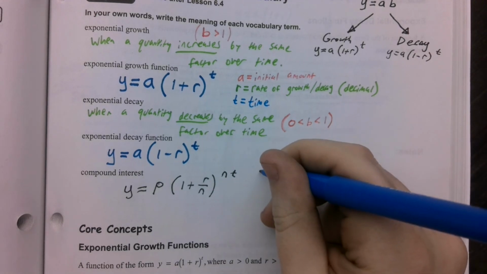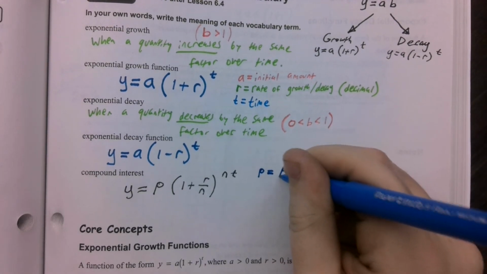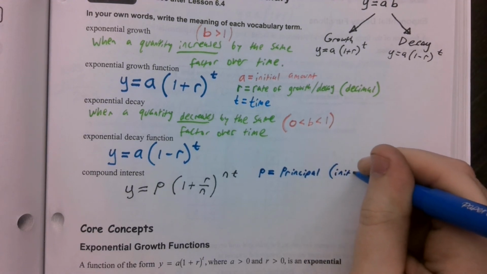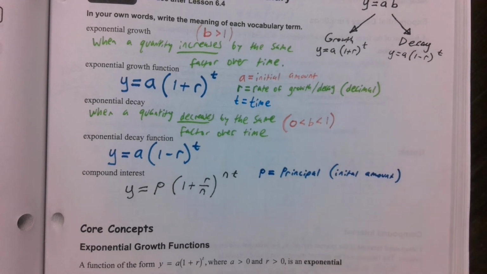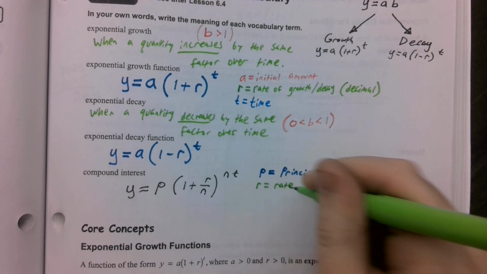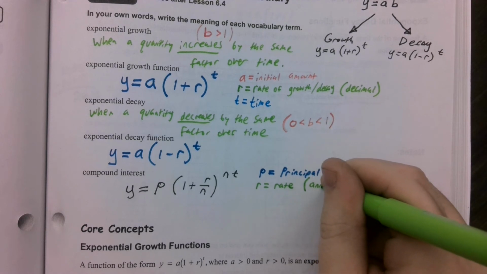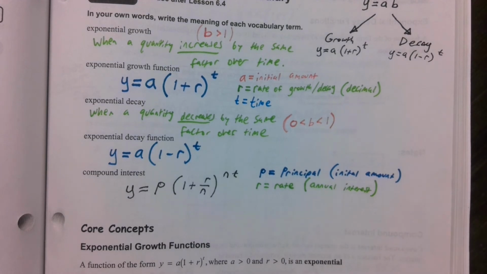In this formula, instead of using a, we use p. But p is the same thing. It's your initial amount. It just so happens that in banking, your initial amount is called the principal. The amount of money you put in at first is called your principal. R is still our rate. But it's not just going to be a rate. We're going to call it our annual interest rate, meaning how much percent we get per year.